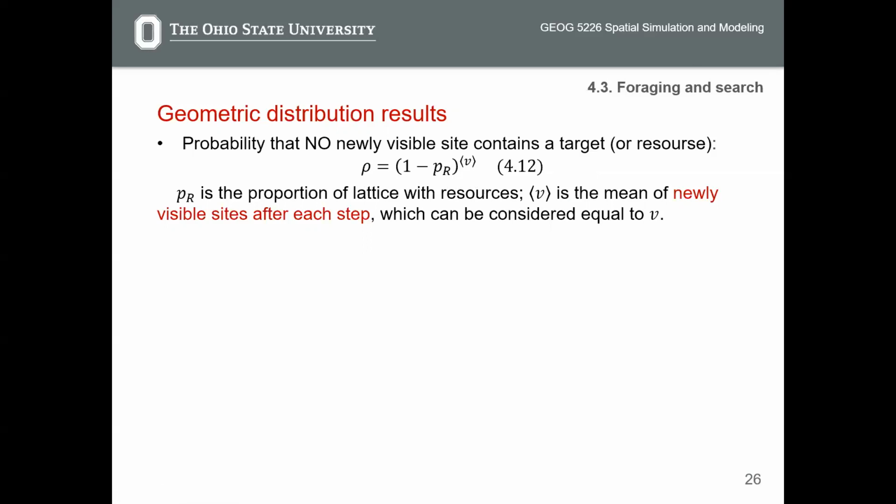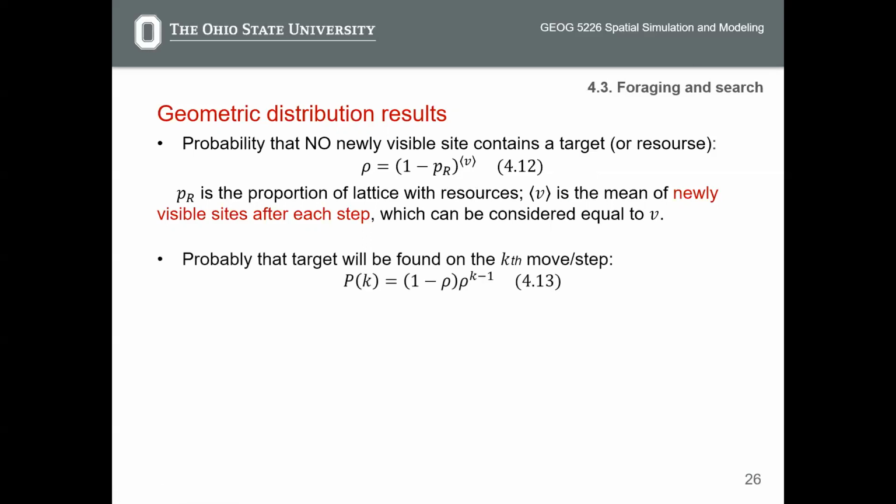Okay, that's rho. Secondly, the probability that the target will be found on the k-th move. Since the probability of failure is rho, if we succeed at the k-th step, the previous k minus 1 steps were all failures. That's the reason why we have rho to the power of k minus 1 here.